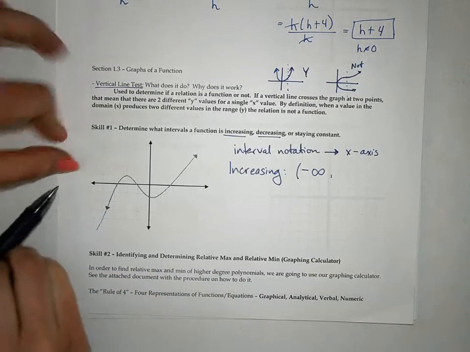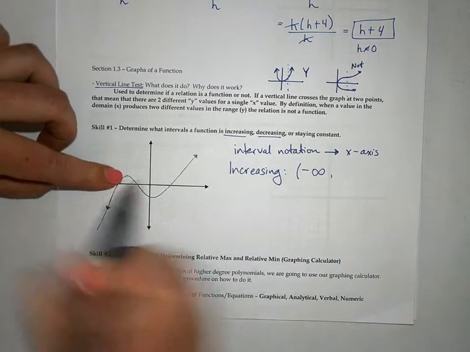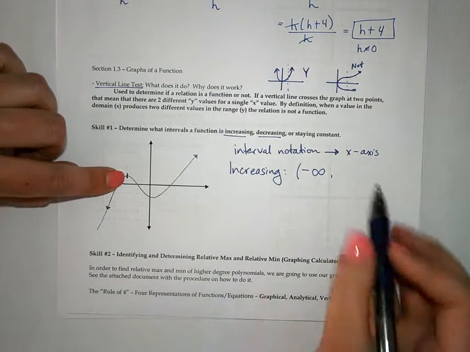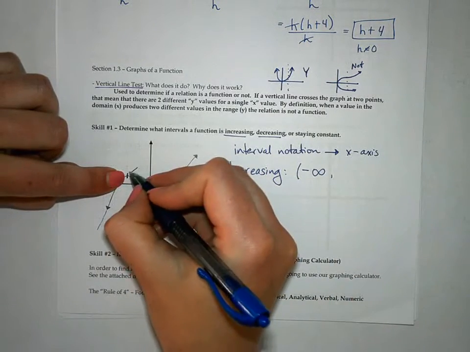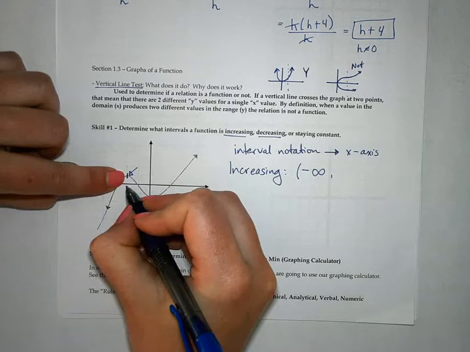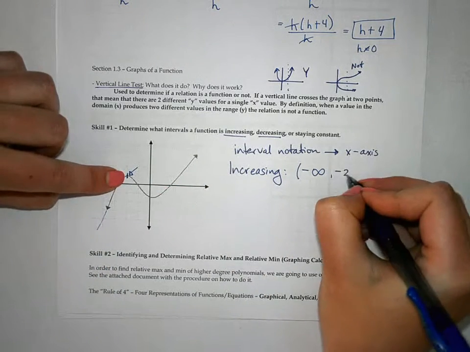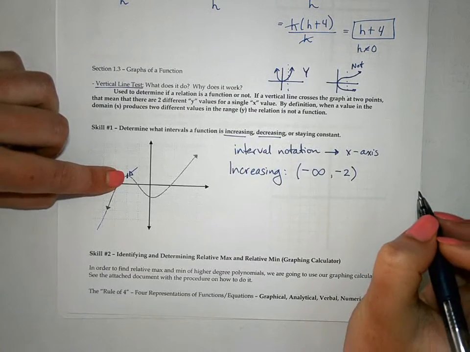We've been increasing, increasing, increasing. Where do we stop? Well, right here is where we stop increasing. So that section is at -2, 1, but again, we're only dealing with x variables, so we say up to -2.